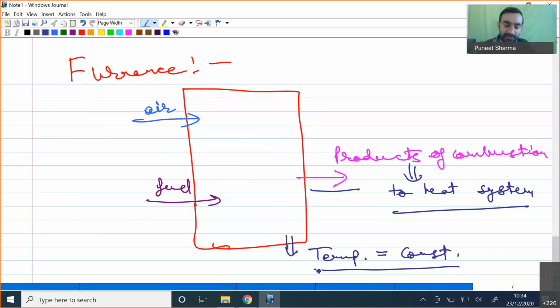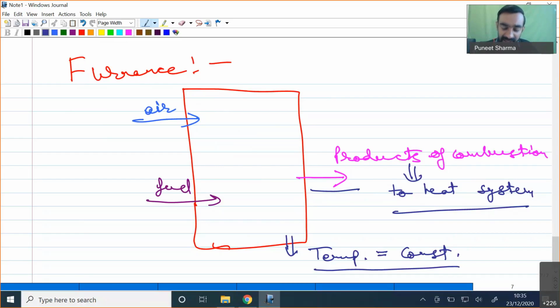This temperature of the furnace will remain constant only if we are operating the furnace in a steady state manner. It means whatever amount of air and fuel we are adding, whatever amount of energy is released because of that, we are removing that energy with the help of the products of combustion at the same rate. Okay. That is something we try to do in the majority of our heat addition systems.